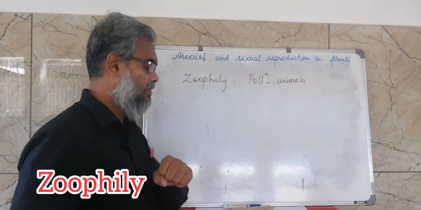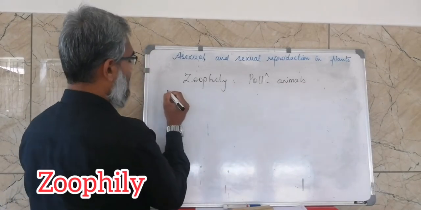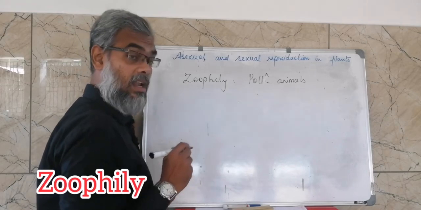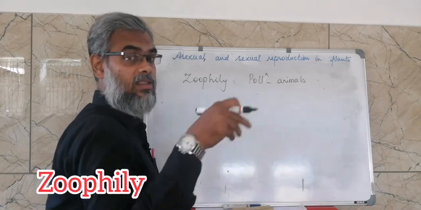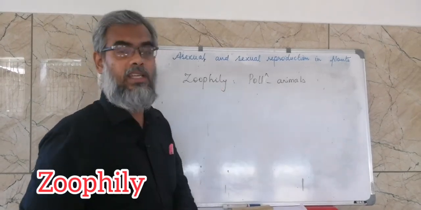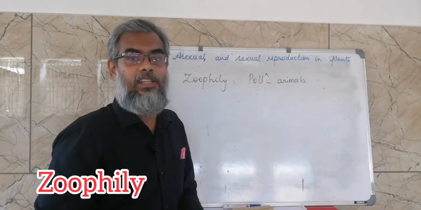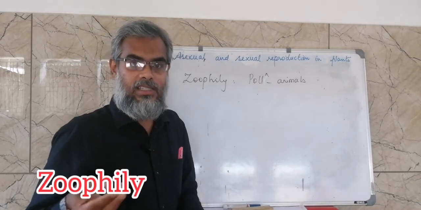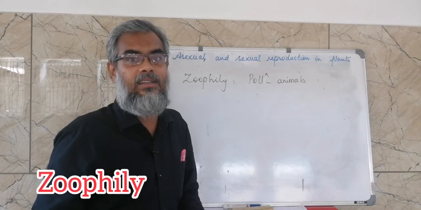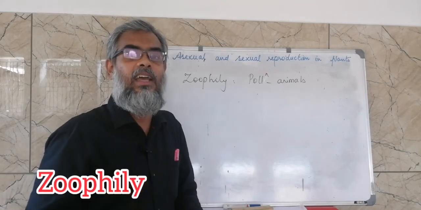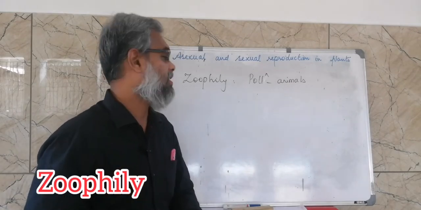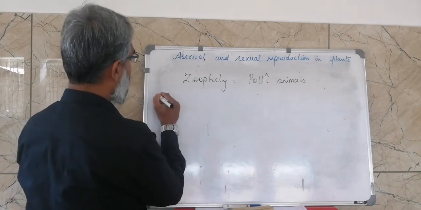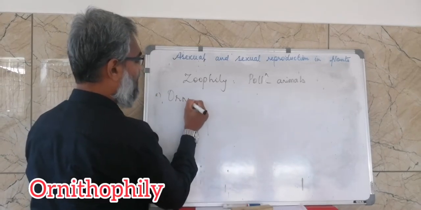Now first let's discuss. Even larger animals also help in pollination through zoophily. Even very big rodents, some types of lizards, garden lizards, all help in pollination. Okay. Now first let's discuss ornithophily.